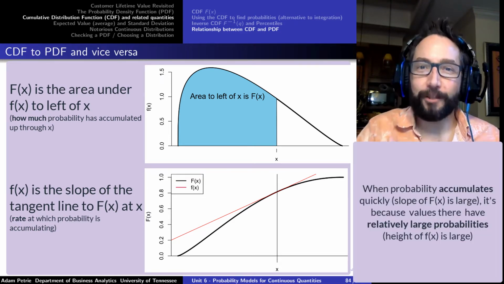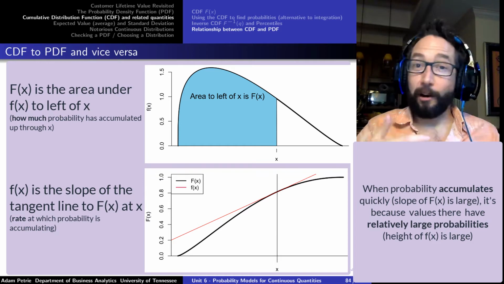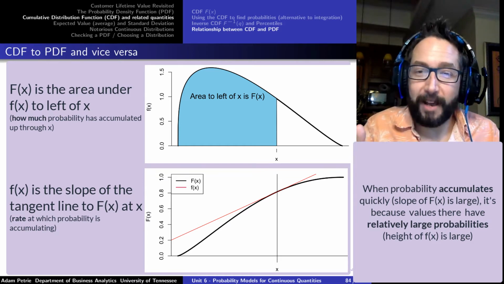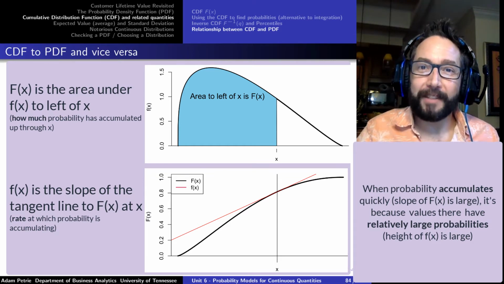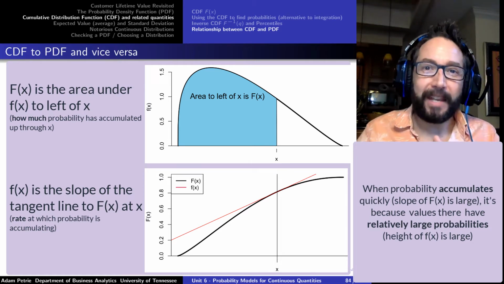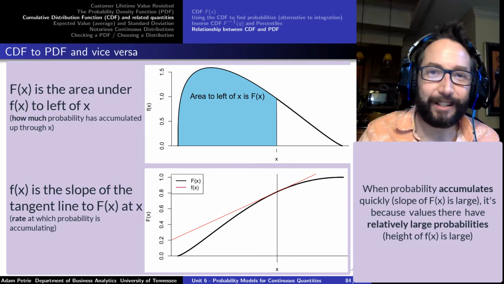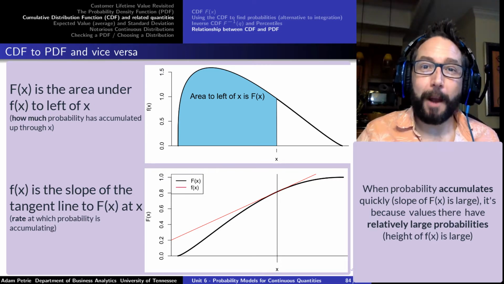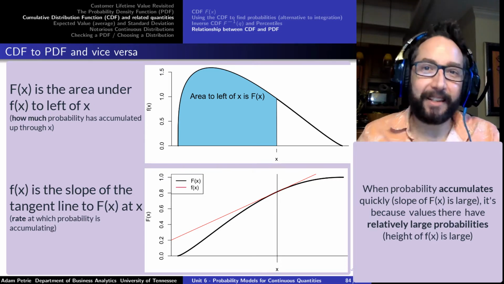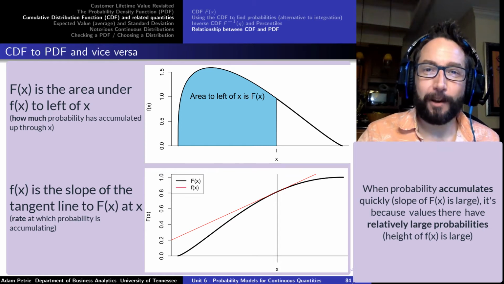Now, the faster the probability is accumulating, the larger the probability of those types of values must be. And so I have this nice relationship between capital F and little f, that little f is really just that instantaneous rate of change, how quickly that probability is accumulating, as the capital F formula lets us know.